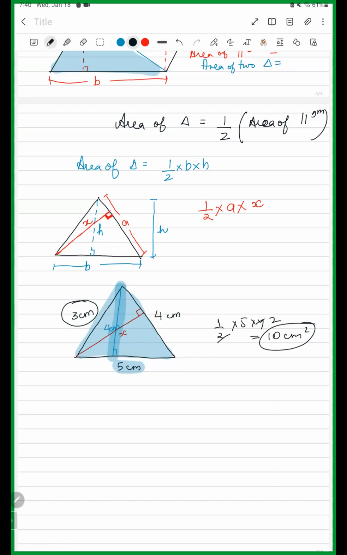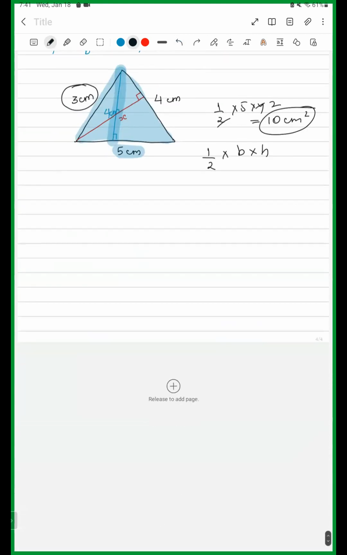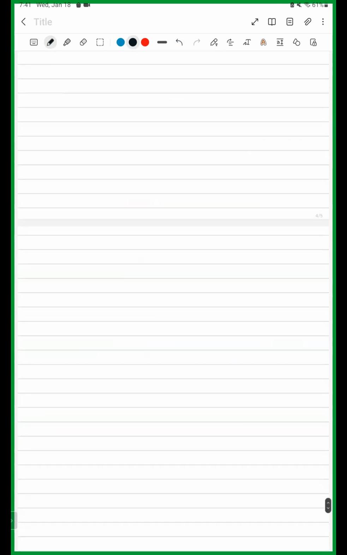Do you know any altitude which is like over here? No. Then you won't take that side. अभी we are taking half into base into height. ये वाला बेस है और ये वाली हाइट है, this is the height, this is 4 centimeters. Understood? Yeah. Okay. Let's do more questions. Then this question will become easier for you.